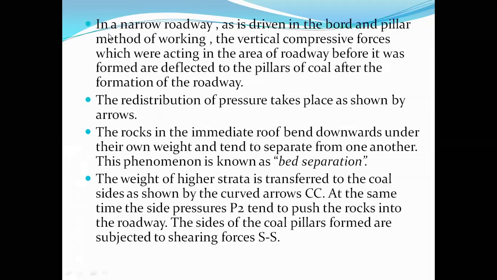Okay, let's move on. In a narrow roadway, as is driven in the board and pillar method of working, the vertical compressive forces which were acting in the area of the roadway before it was formed are deflected to the pillars on the sides. They get redistributed after the formation of the roadway. The redistribution of pressure takes place as shown by the arrows.